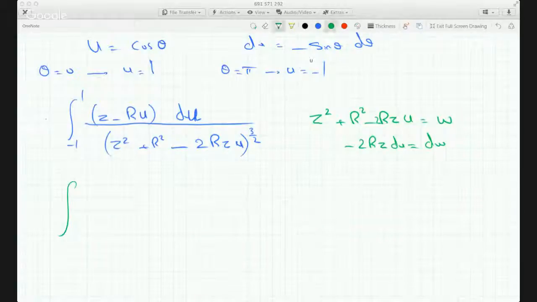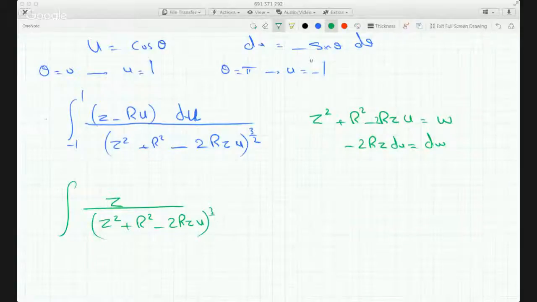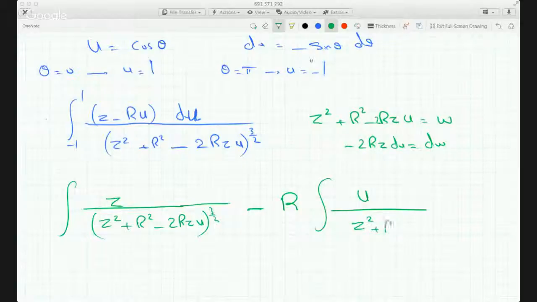So z over z squared plus r squared minus 2rzu to the 3 over 2, minus, I can leave the r out, u over z squared plus r squared minus 2rzu to the 3 over 2, du. So partial fraction is probably the best way to go.